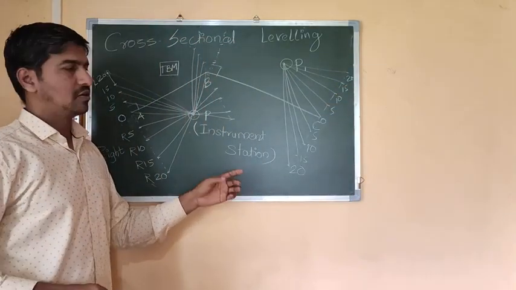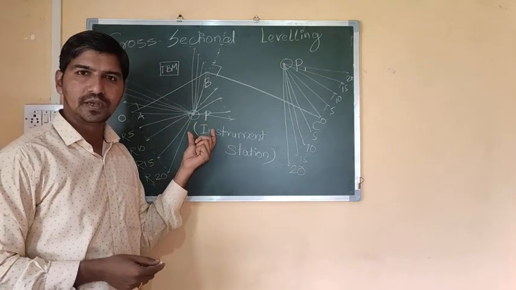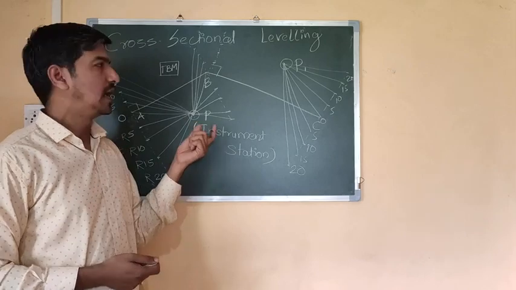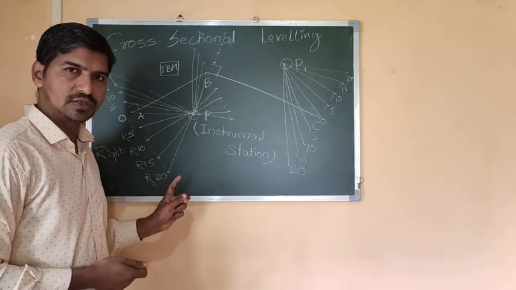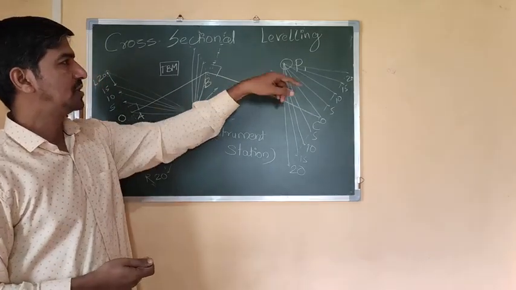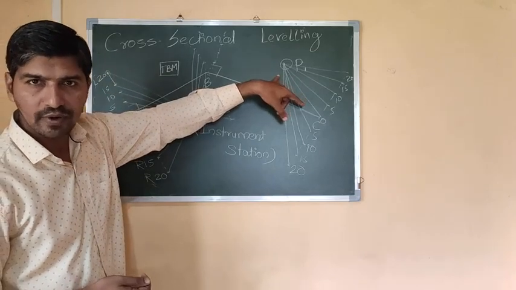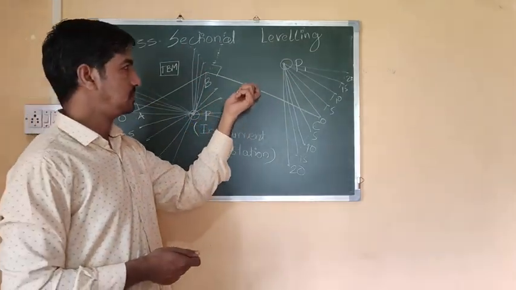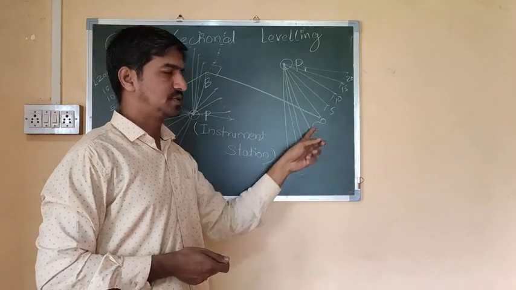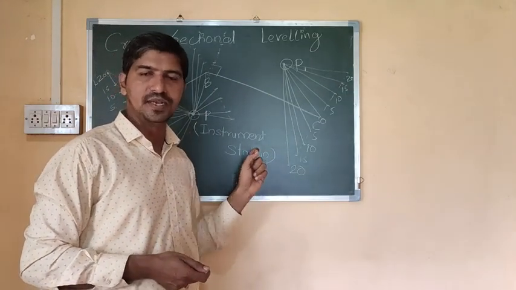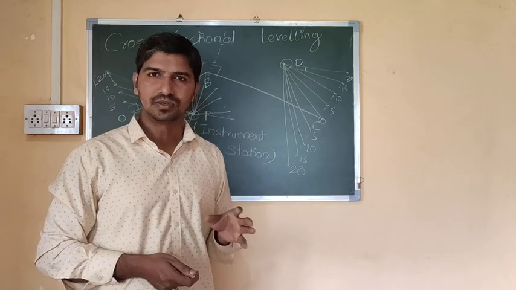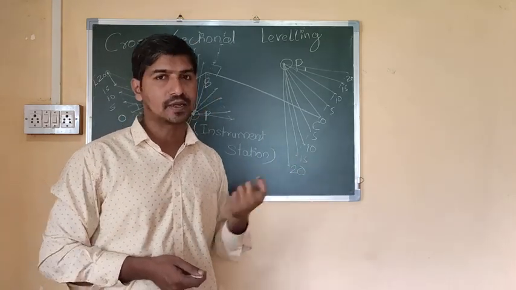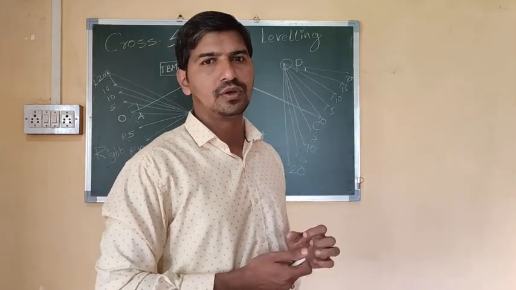From point P, after the temporary adjustments, I took the observations, and then shifted the instrument to point P1. I established a new HI, and from that HI I reduced the respective staff readings to get the reduced levels. We can use the collimation plane method or the rise and fall method to find the reduced levels.